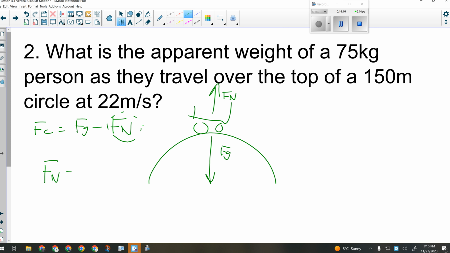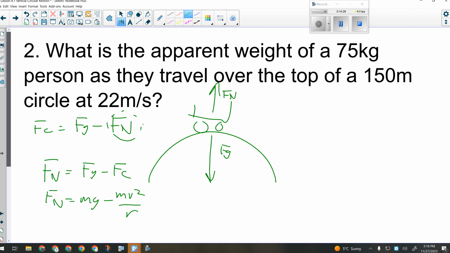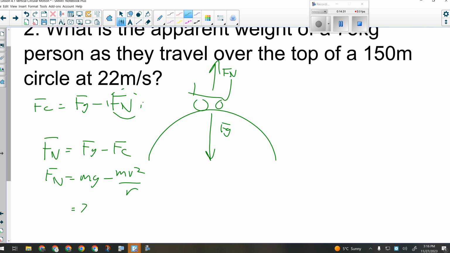So Fn will equal Fg minus Fc, which will be m times g minus mv squared over r. When I plug in my numbers, 75 kilograms times 9.81 minus 75 times 22 squared divided by 150.